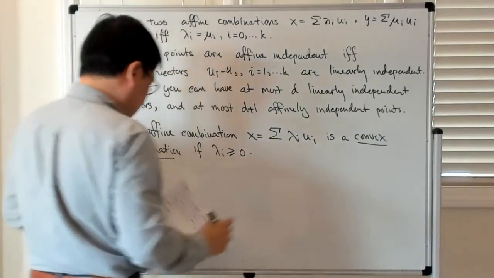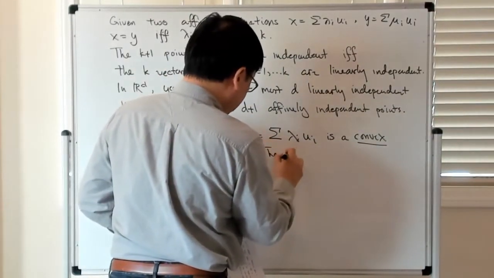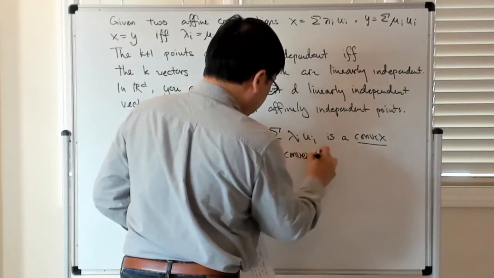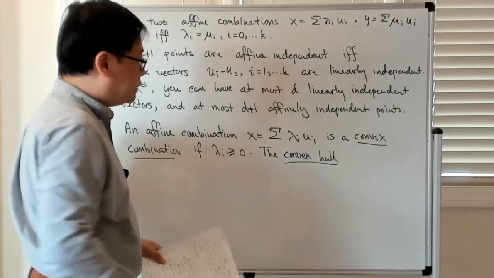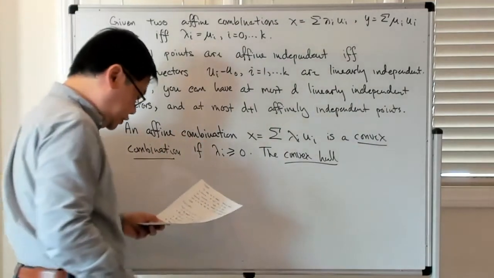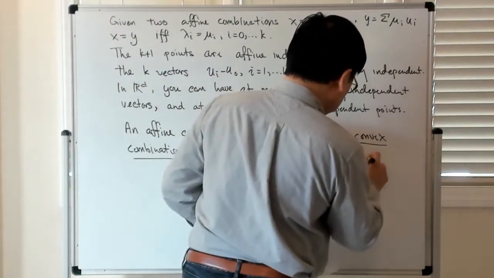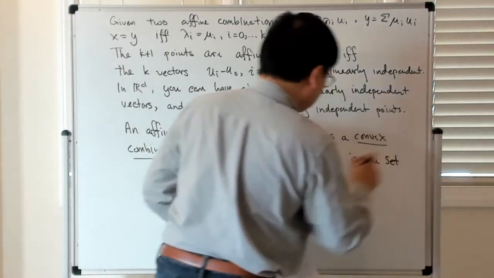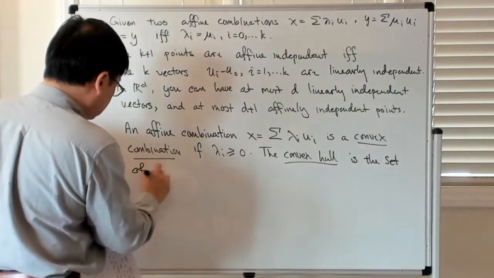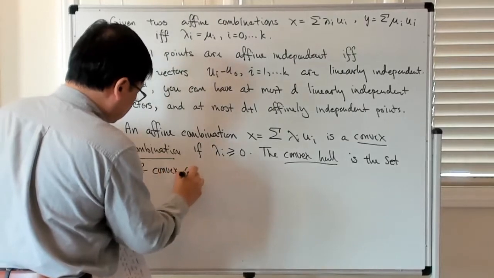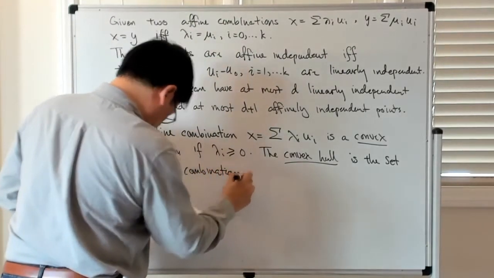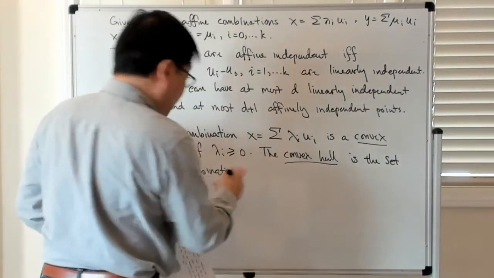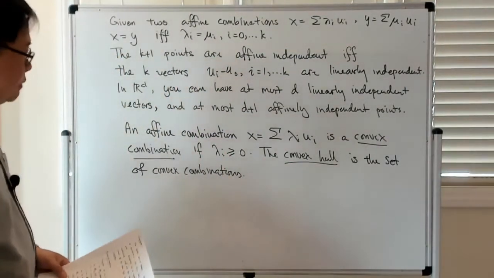Okay, then the convex hull, as you might expect, is the set of all possible convex combinations. And now we're ready to talk about what a simplex is.